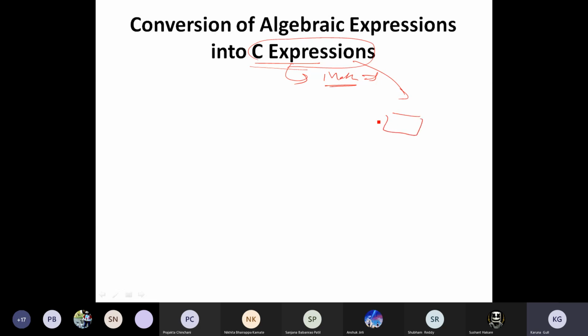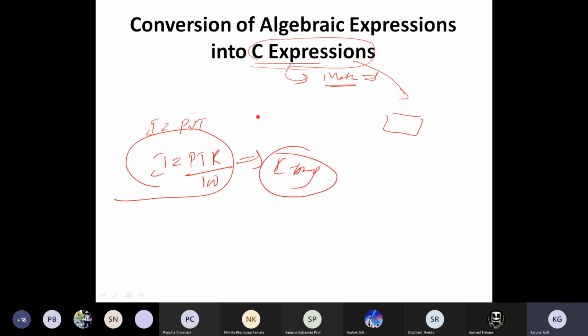Whenever we say calculate the simple interest, directly we start writing, you know the formula, I is equal to PTR upon 100. If you directly write like this inside the C program, it will not be accepted by your C language. This is a very important fact.